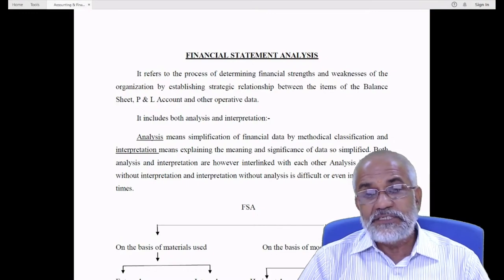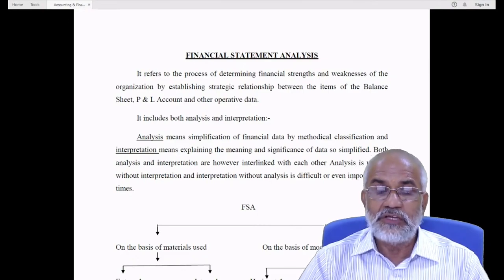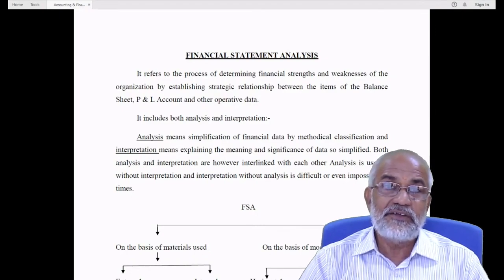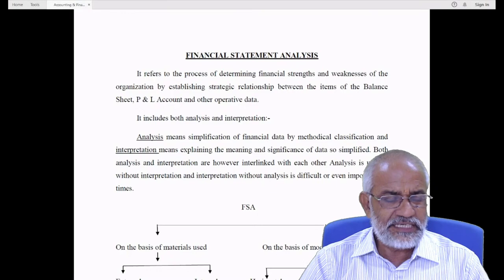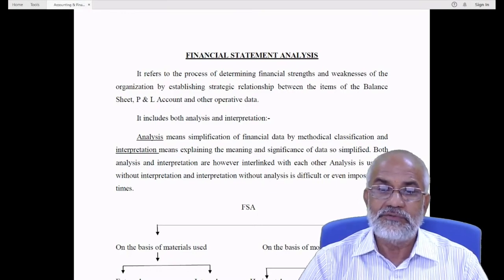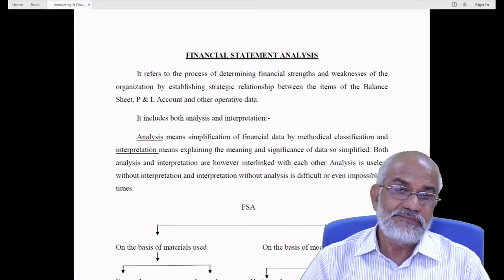After preparation of the trading account, after determining the resultant of the trading account, either gross profit or gross loss, we need to go for the next step in preparation of the income statement, that is the profit and loss account. Profit and loss account itself is a nominal account.